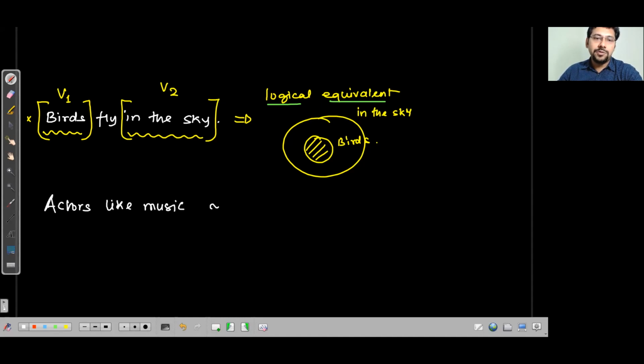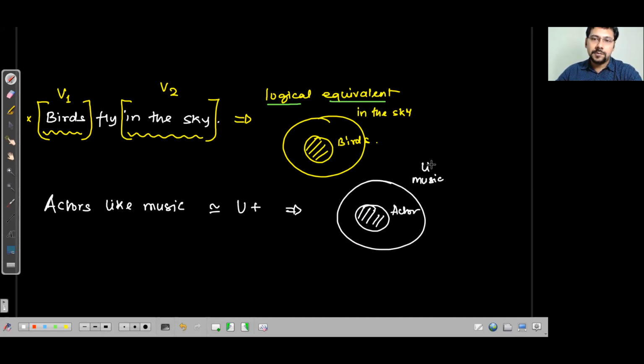Now, actors like music again is going to be a universal positive, where I'm saying there is a set of actors who particularly like music. There are other people also who can like music, but actors as a set definitely like music. So this is my variable one and this is my variable two.